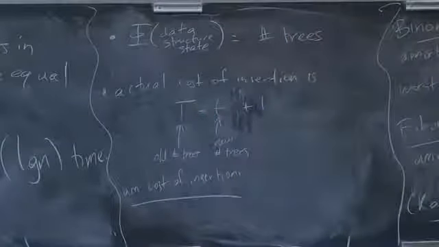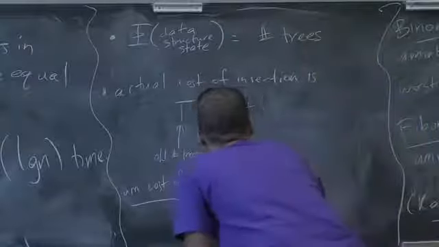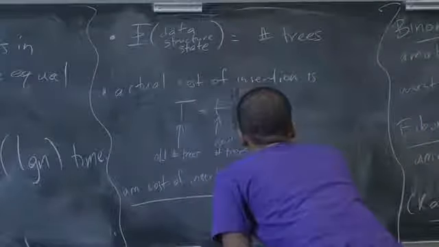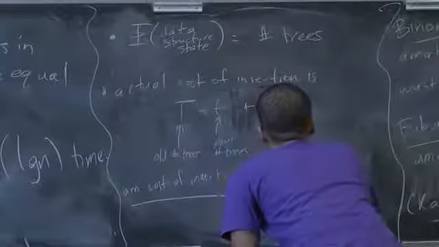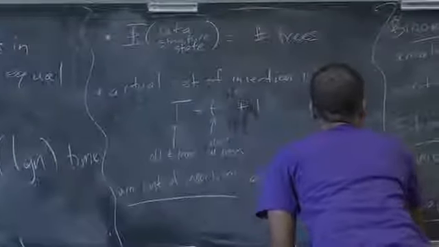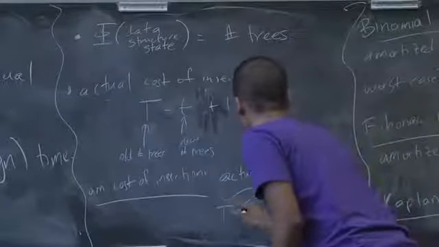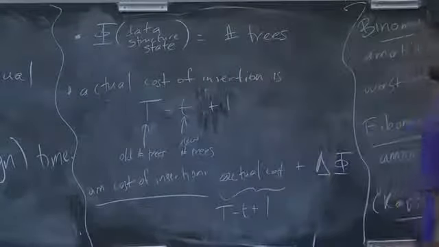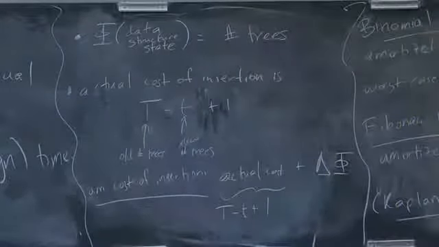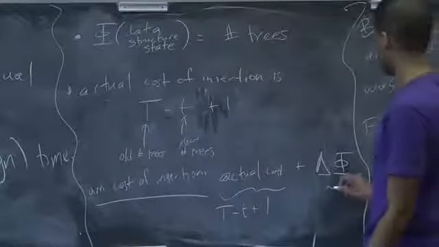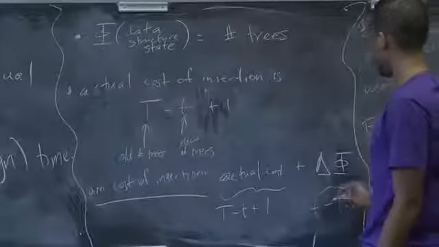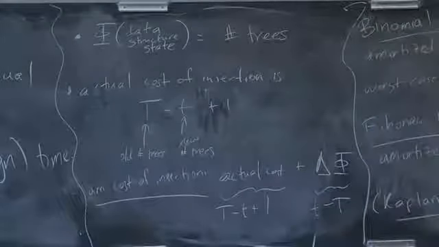That's not really going to matter. So the actual cost, we said, was t minus t prime plus 1. And what's the potential difference? Oh, and what do you know?